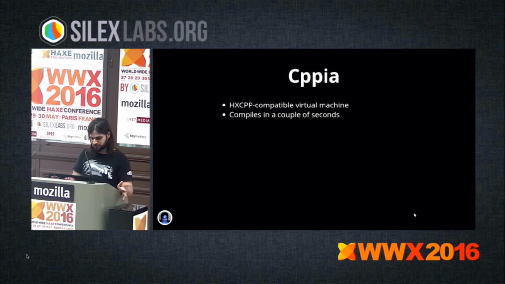It compiles in a couple of seconds, which is great because, as I told, a full compilation in C++ in a small project takes like 2 minutes, and 3 minutes with Haxe. Cppia, as I might be able to show you if we have some time, will compile in 0 seconds, which is pretty cool.